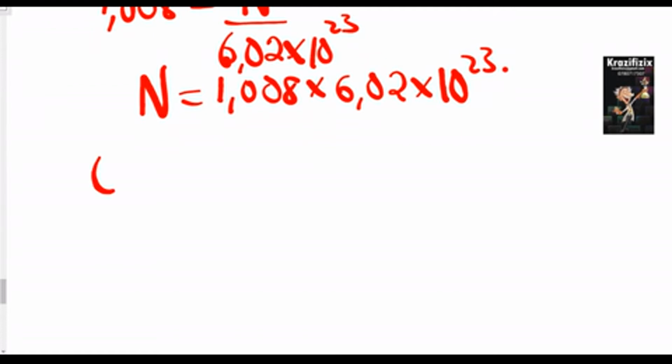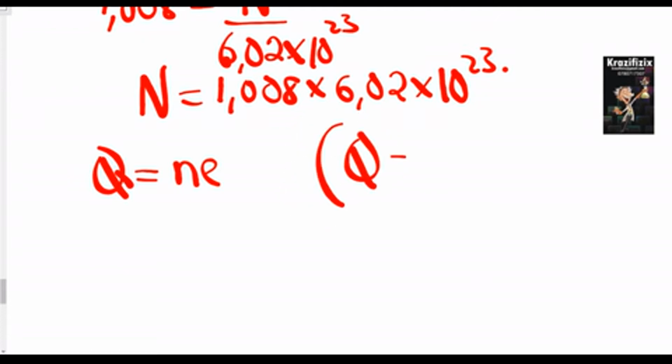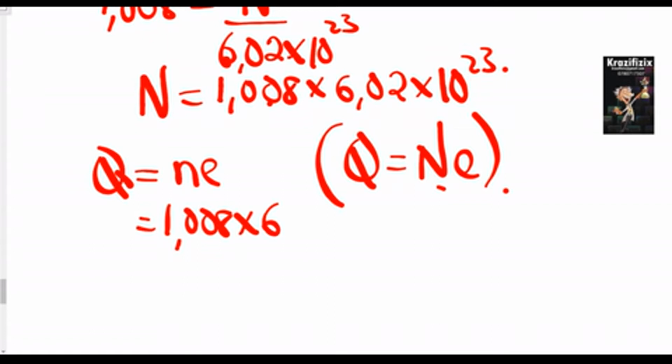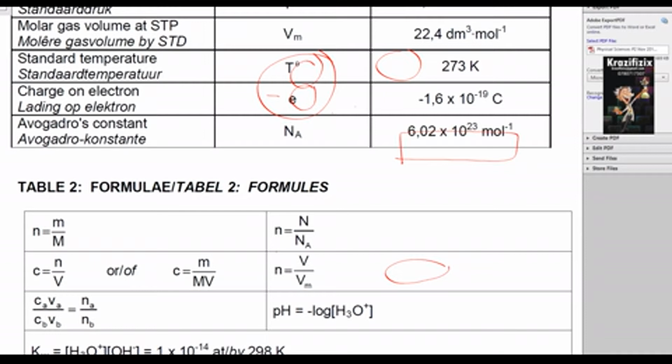Now we know that our Q equals N times E, but it's not written like this on the formula page, it's written this way. So our N is 1,008 times 6,02 times 10 raised to power 23, and the charge on an electron, if we go back to our table of constants, is 1,6 times 10 raised to power negative 19.